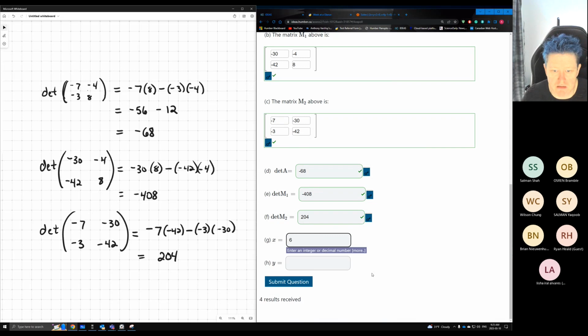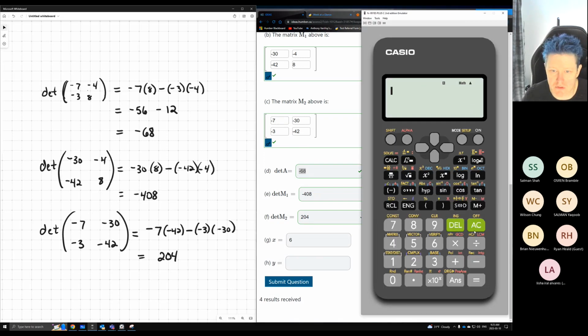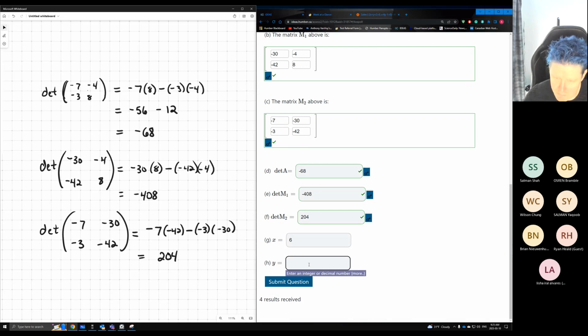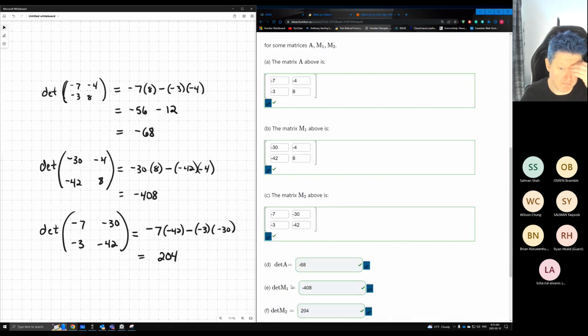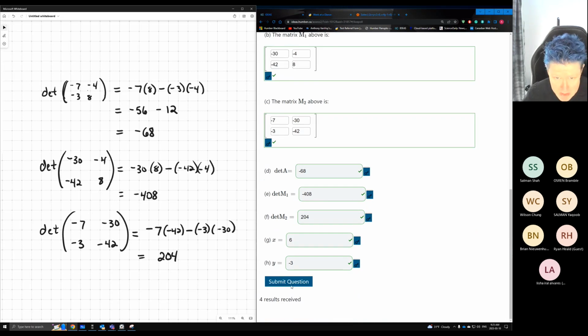And then Y is the determinant of M2 divided by the determinant of A. And that's -3. Let's see if this is correct. And it is. So our solution is 6 comma negative 3.